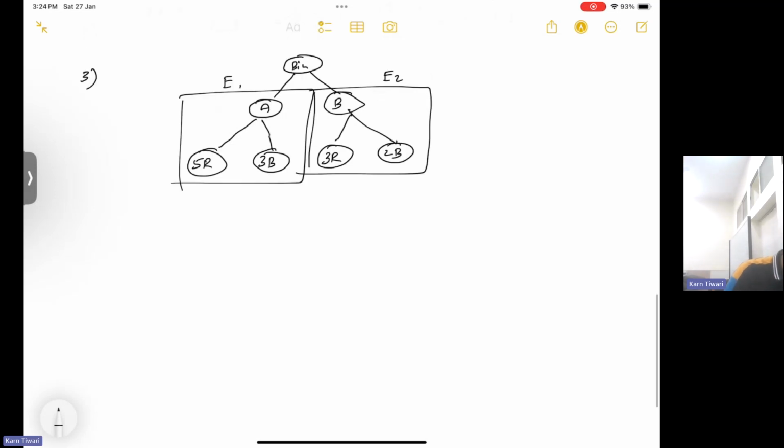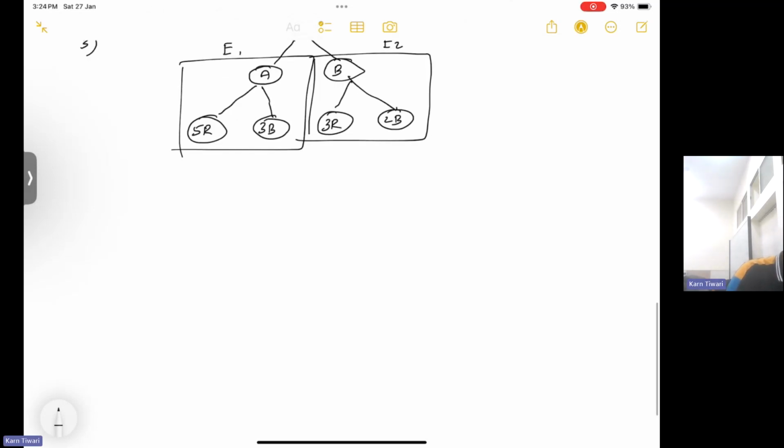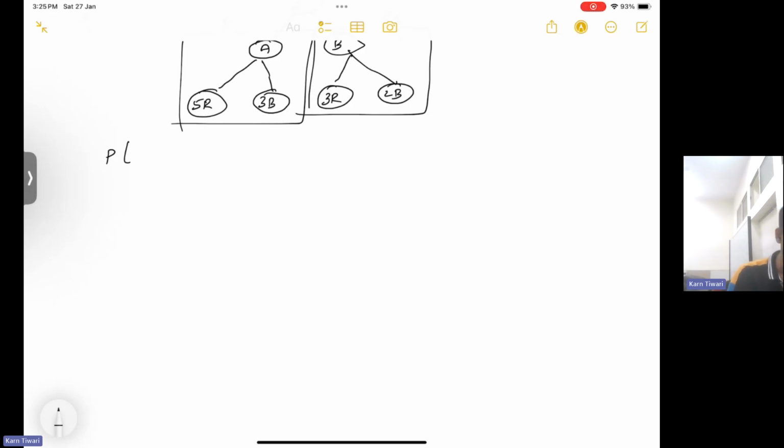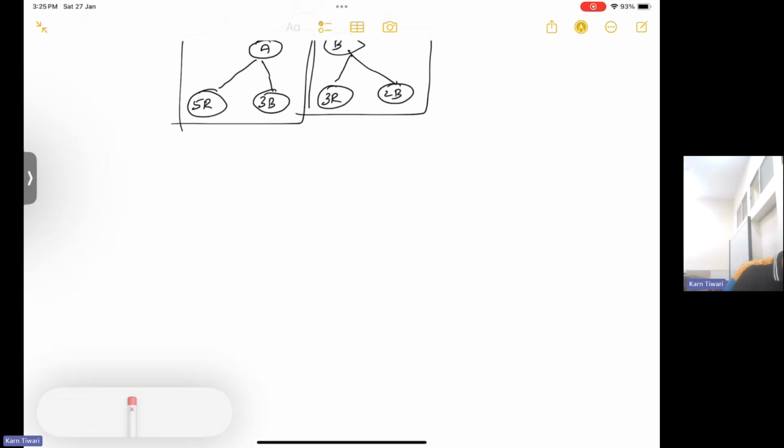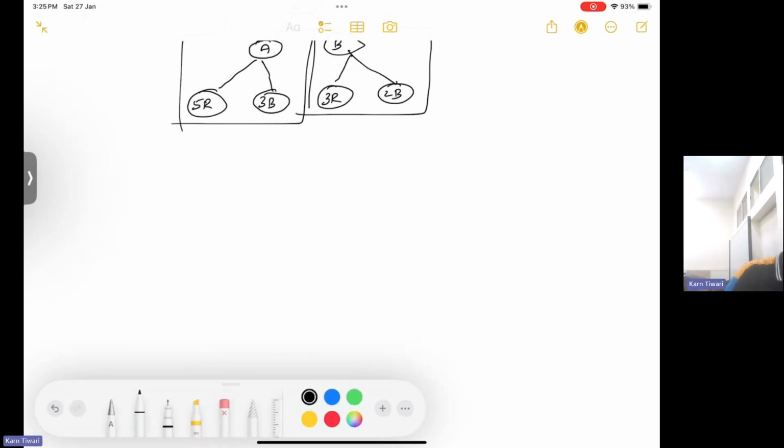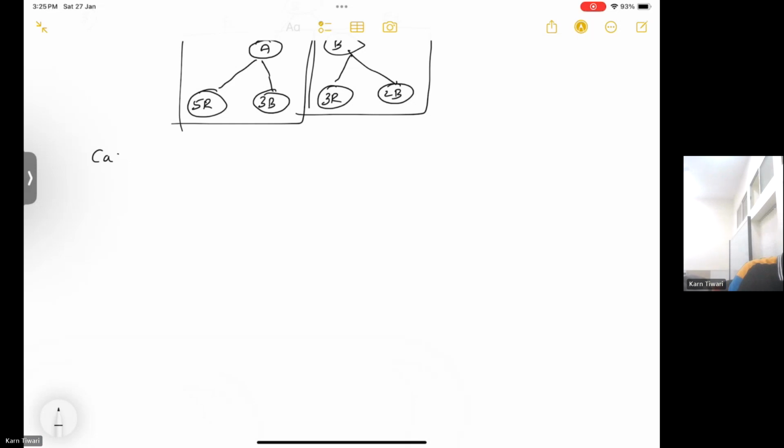So basically, we need to find the probability of 2 balls drawn at random. So there arise 2 cases, meaning 2 probabilities will be arising in this question. Case 1, which is E1 is red and E2 is blue.